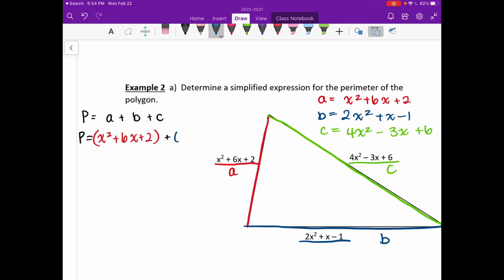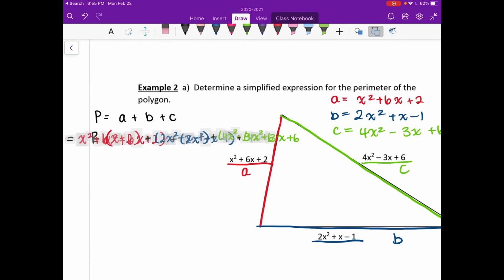So B is equal to, always in brackets, 2x squared plus x minus 1. And then last but not least, C is equal to 4x squared minus 3x plus 6. And I'm just going to see if I can lasso this and just carry it over a little bit.